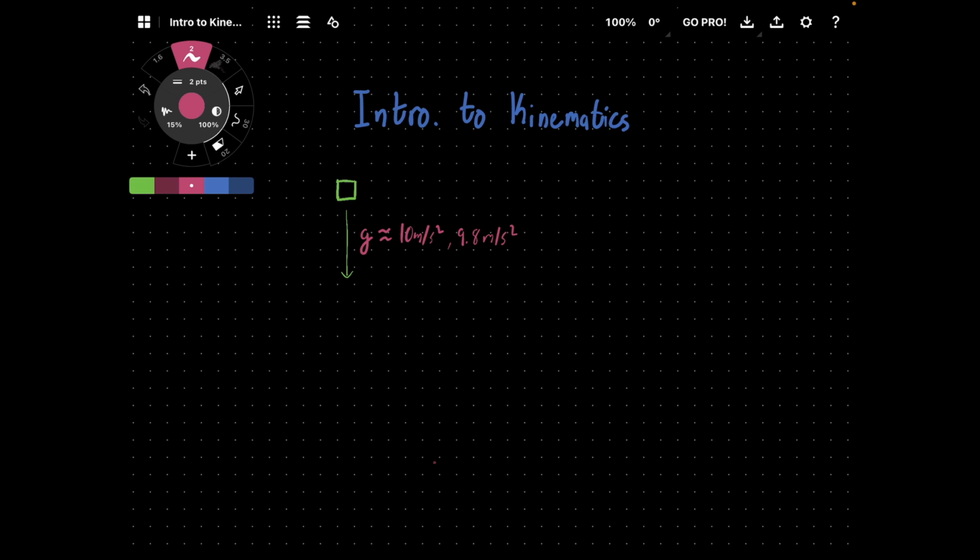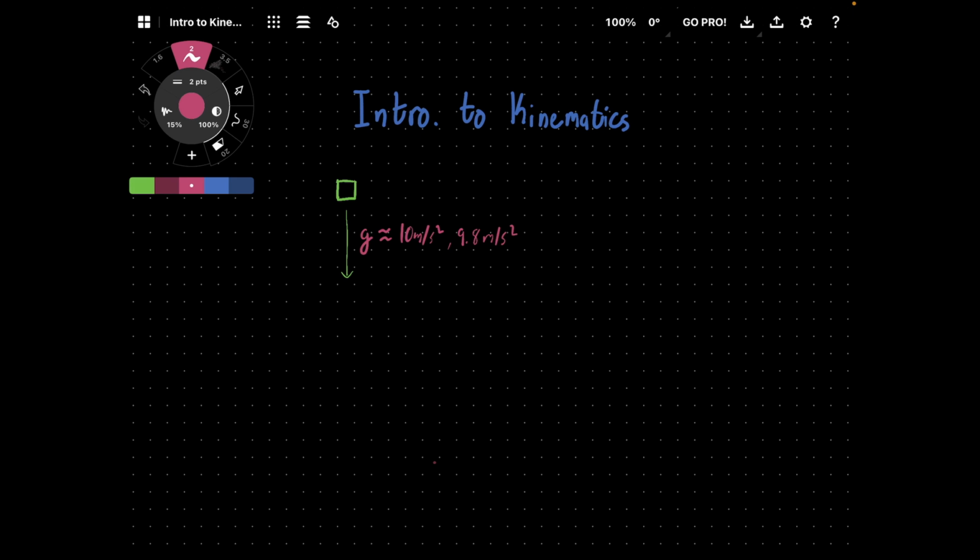Now, constant, of course, means that it doesn't change. Basically, as long as you are somewhere near Earth's surface, which is pretty much going to be for all our problems until we discuss Newton's law of gravitation later, g is going to remain effectively constant. So we can work under that frame of reference.